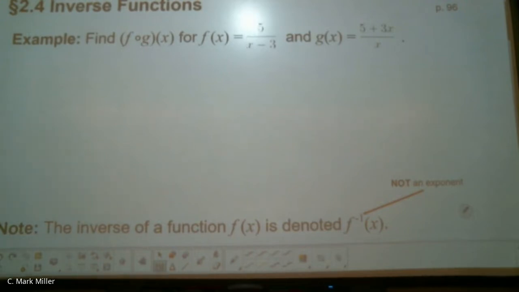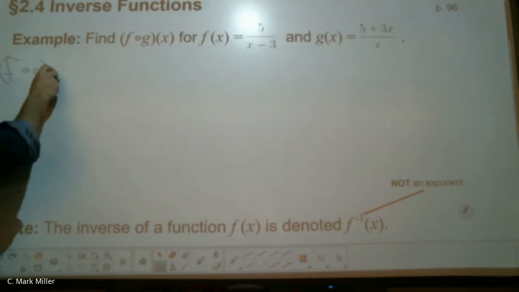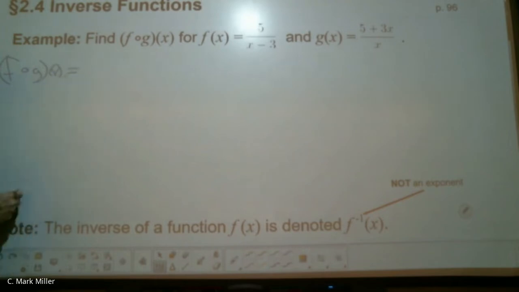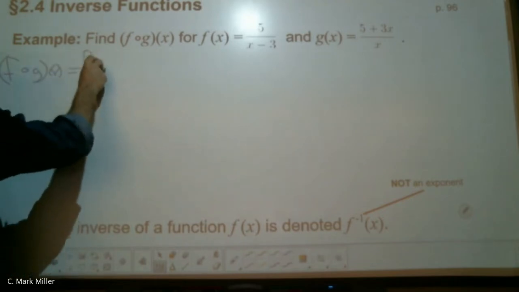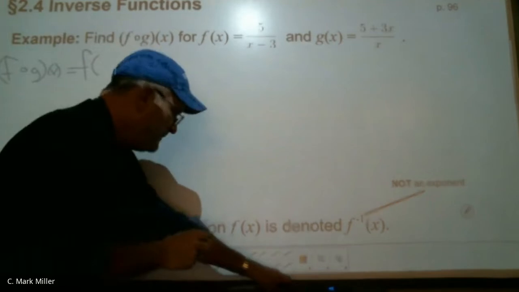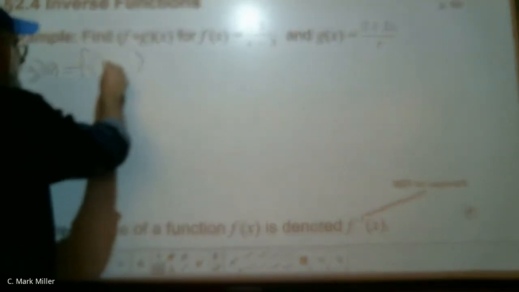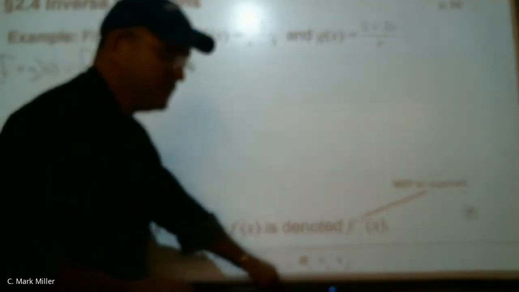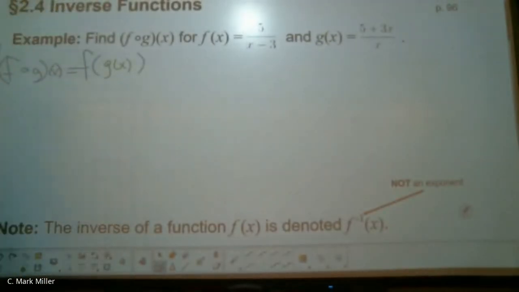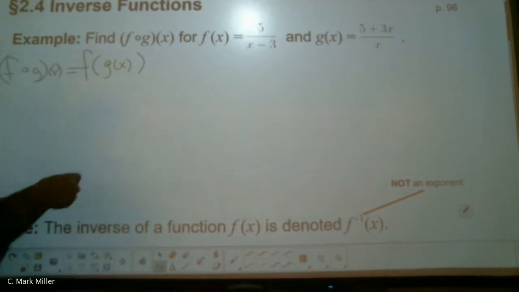But like find f of g of x for these 2 functions. All right? So f of g of x is f of g of x. I'm putting in more steps than you probably need to, but I hope for those who are rusty at this, it will provide a little refresher.